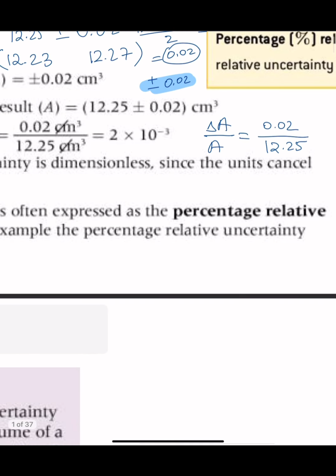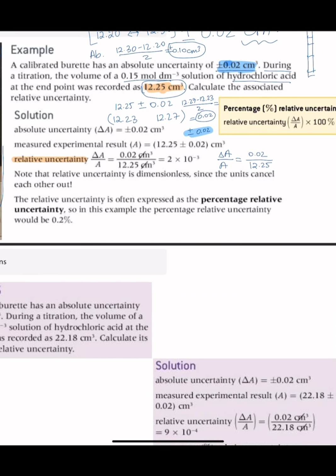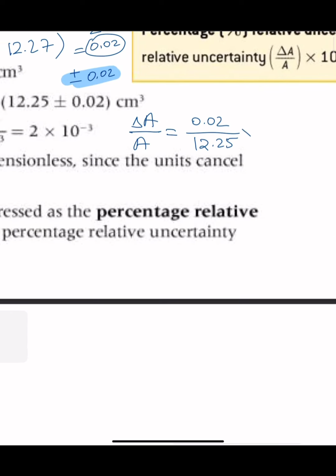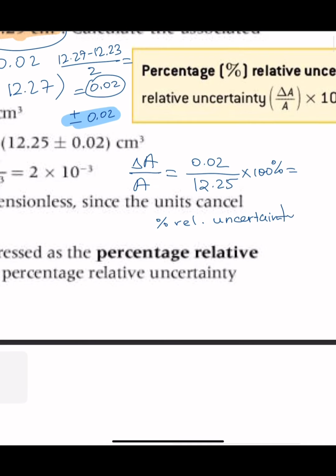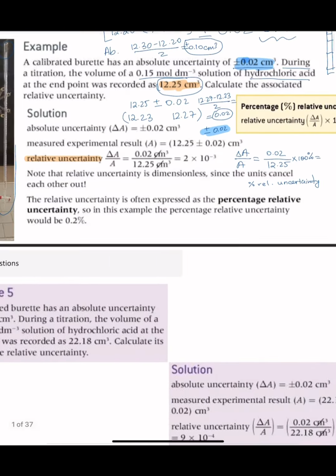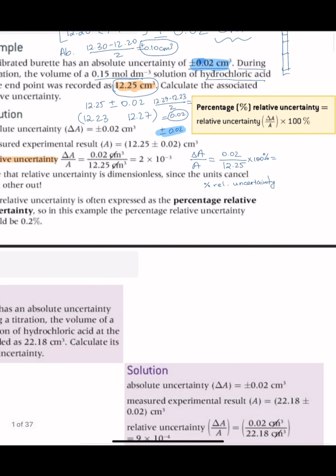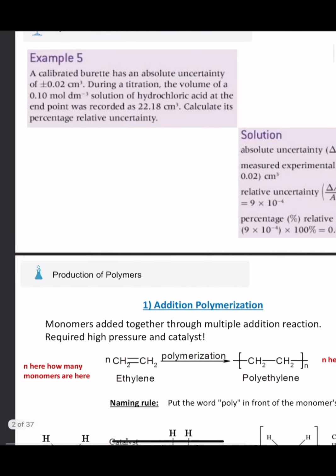That value gives you the relative uncertainty. But you can also multiply this by 100% to give you the percentage relative uncertainty. If you do the calculation, you would see that this number gives you 0.2%. And that is that for this example.